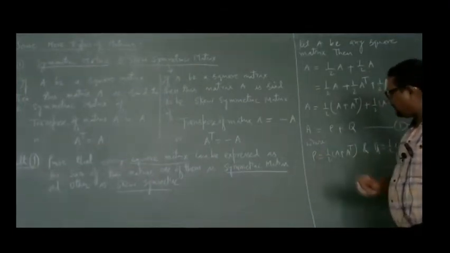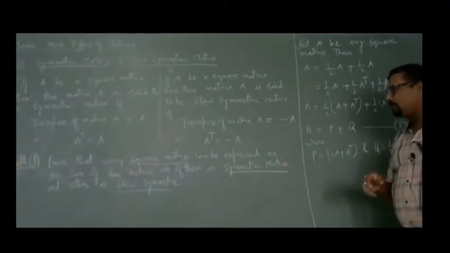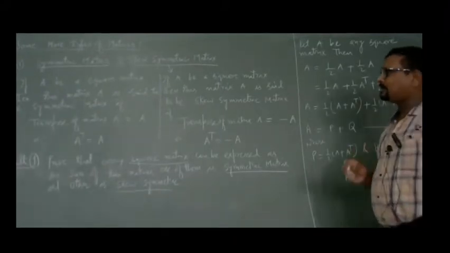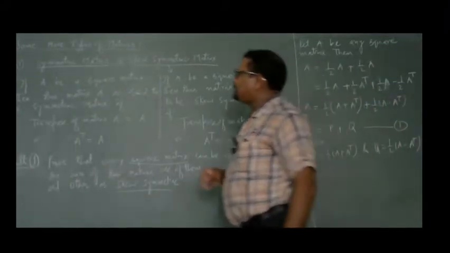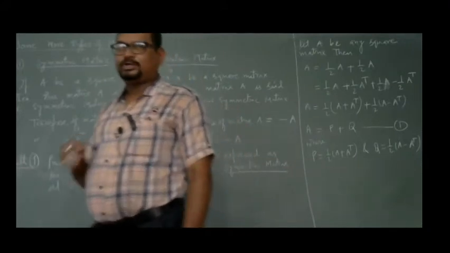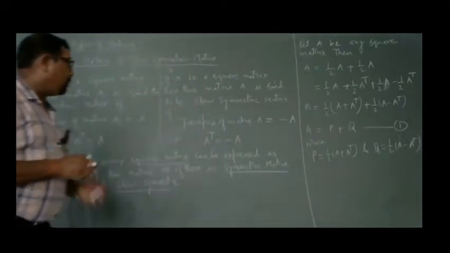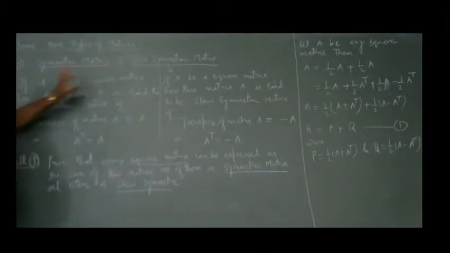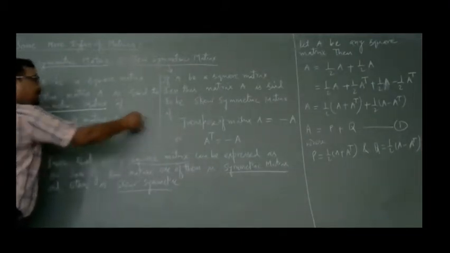For this purpose, we shall have to look at the definition of a symmetric matrix. A matrix should satisfy what condition to be symmetric? If A is a square matrix, then it is said to be symmetric if the transpose of this matrix is equal to itself.